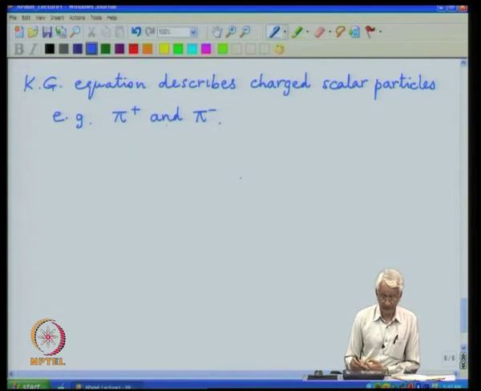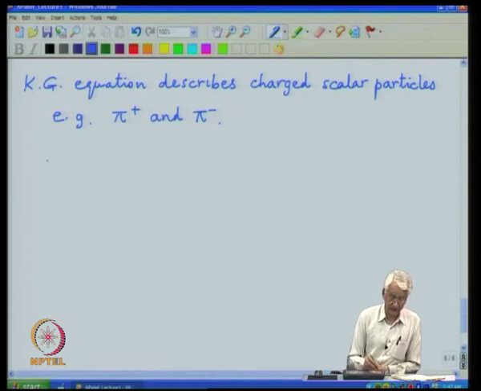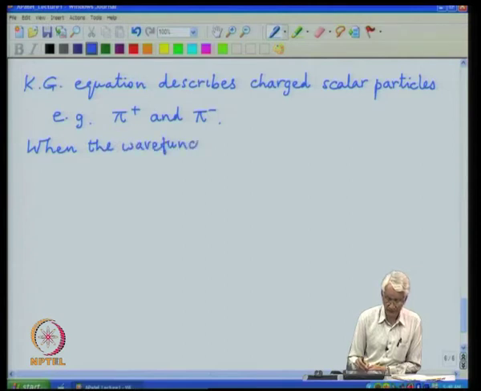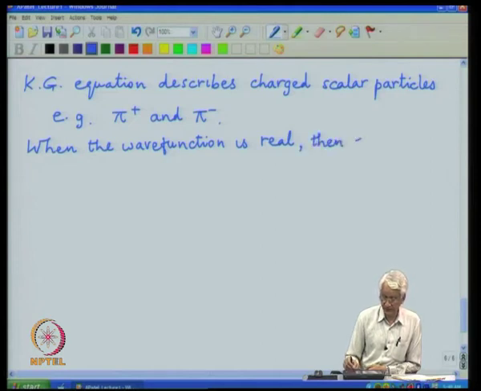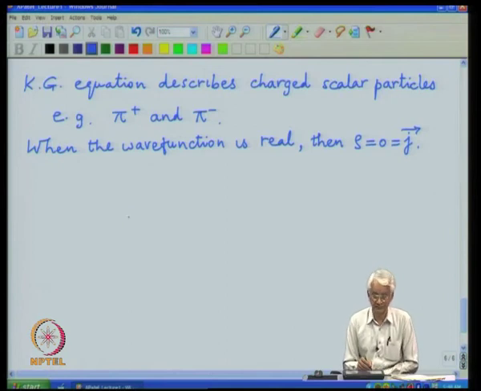There are other possibilities as well, which again follow from the same equation, that if for some reason the wave function satisfying Klein-Gordon equation is real, then one can immediately see that both the charge density as well as the current will vanish identically, because psi star is equal to psi.